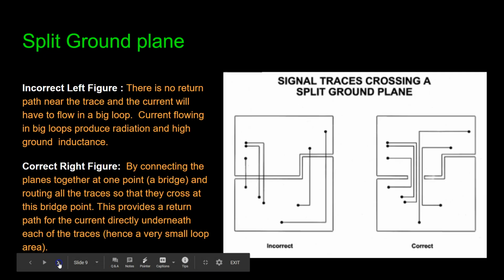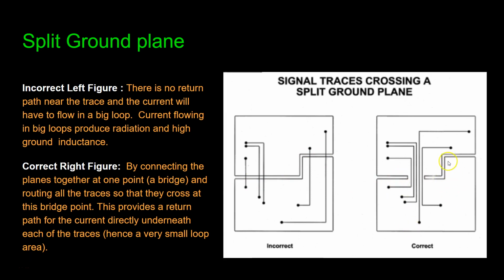Now moving on to the next slide, in this slide we see two different designs, and they have a slot in between, and here also you have a slot in between. This is a slot.